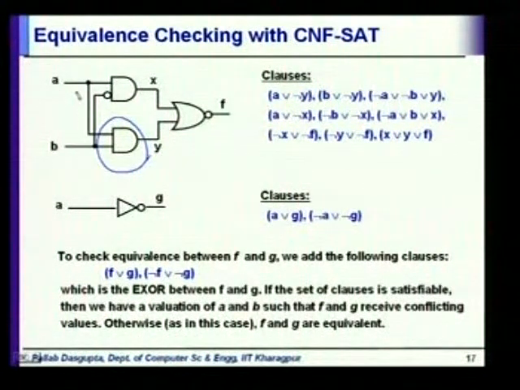It's an AND gate with inputs A and B and output Y. So we can represent that by this set of three clauses: A or not Y, and B or not Y, and not A or not B or Y. Now just verify for yourself that this is what represents the AND function of A and B. This set of three clauses means that Y is A and B.